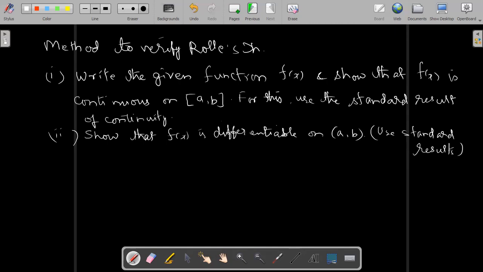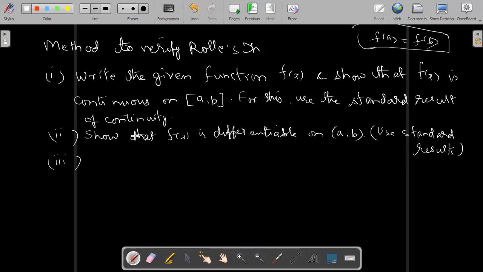No need. You can directly write the answer for continuity and differentiability. Now the third condition is f(a) equal to f(b), and the interval will be given in the question. So now we have to show that f(a) is equal to f(b).